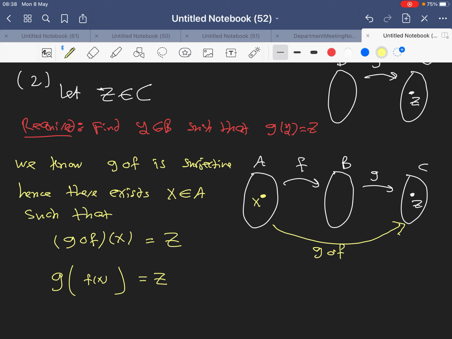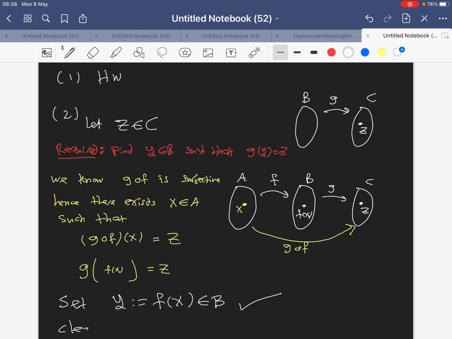Now look at what we need to prove. We need to prove that G of something equals Z. Can we know what Y is? So the last step in the proof: set Y to be equal to F of X. Of course, this belongs to B, so we are done.